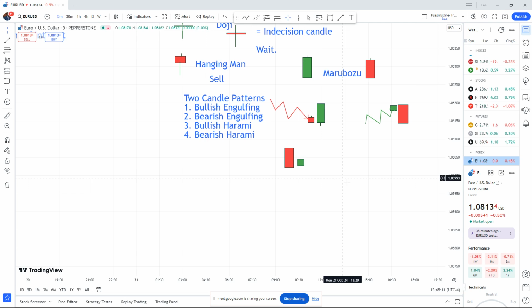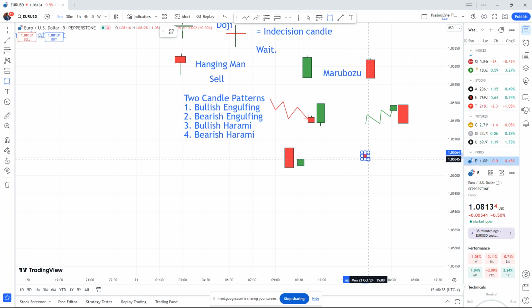Since all of us are profit oriented, it shows us the market will go up.